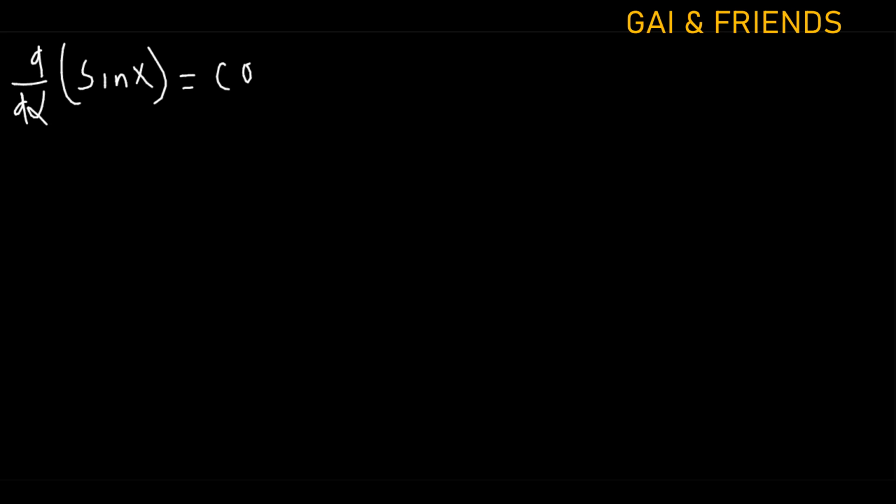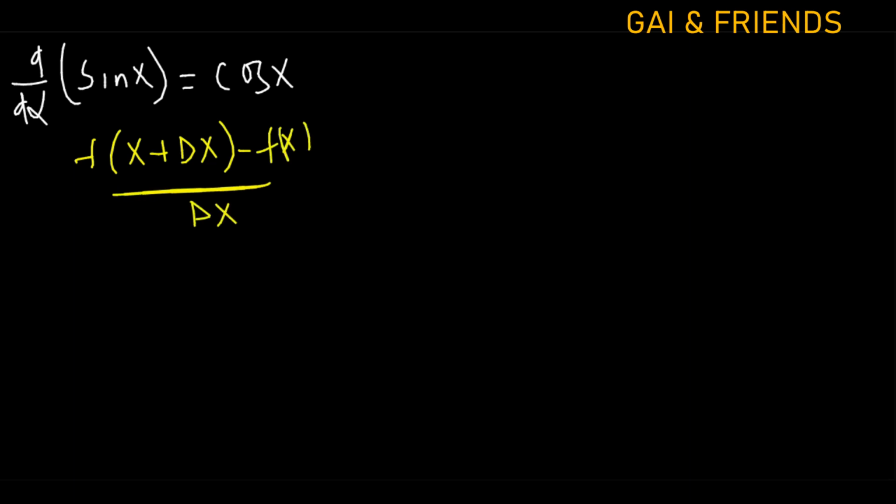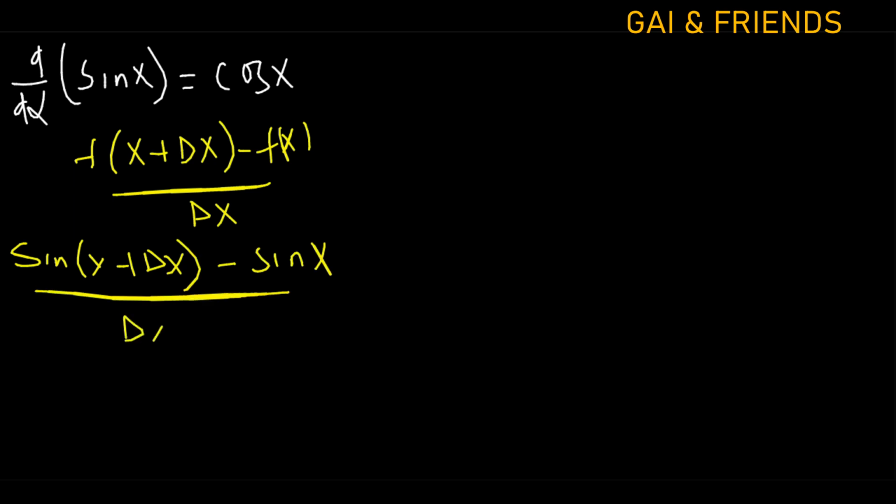is equal to cosine x. The derivative of sin x is cosine x, but we'll use the first principle to prove how we get here, how we get cosine x. So from first principle, which is f of x plus delta x minus f of x divided by delta x, we can say sine of x plus delta x minus sine x, all divided by delta x.